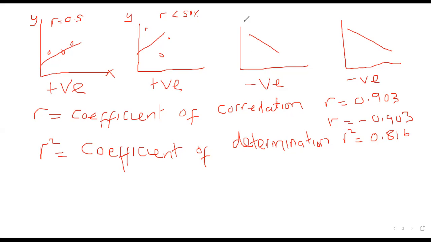So this is a negative relationship. Why? Because our correlation coefficient is negative. But you could have a strong negative relationship when your R squared is greater than 50%. Then you can have a negative and weak relationship if your R squared is less than 50%.